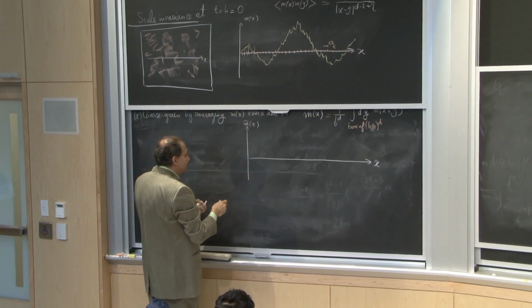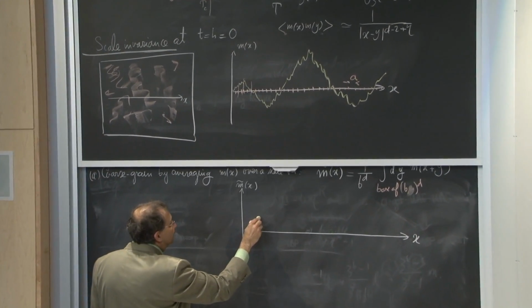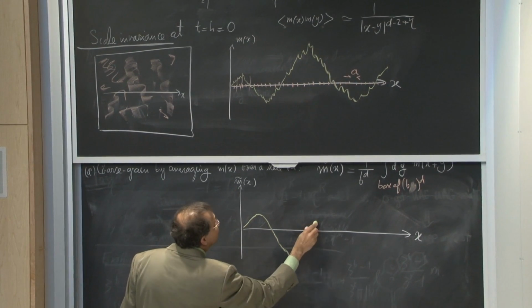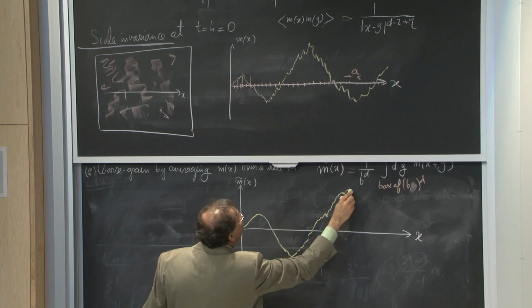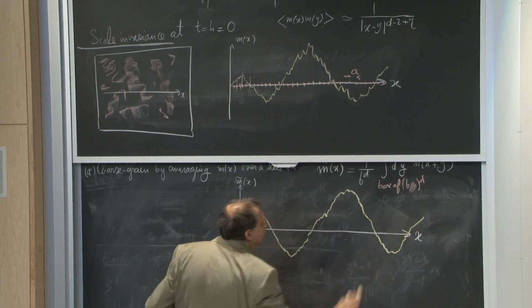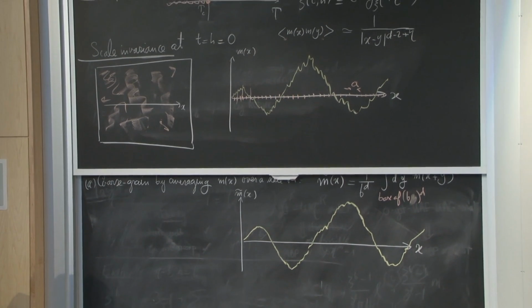And so the picture that I would get would be kind of a smoothed out version of what I have before over there. I will still have some fluctuations, but kind of ironed out.